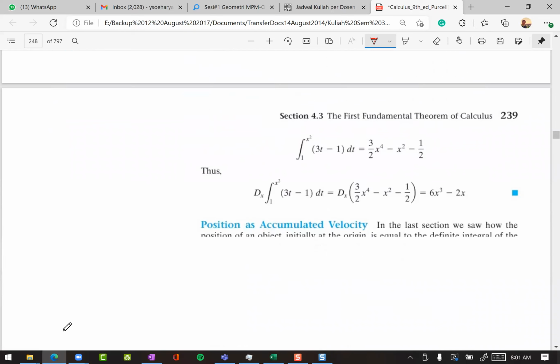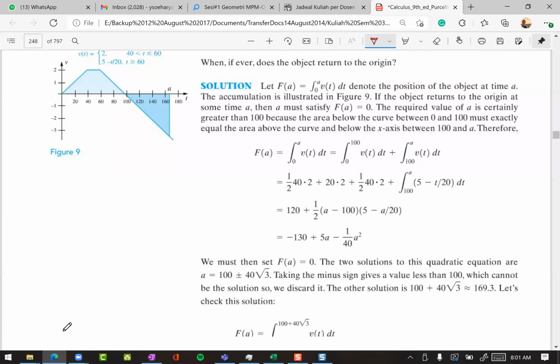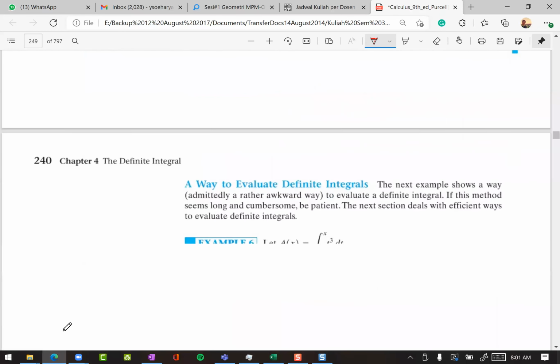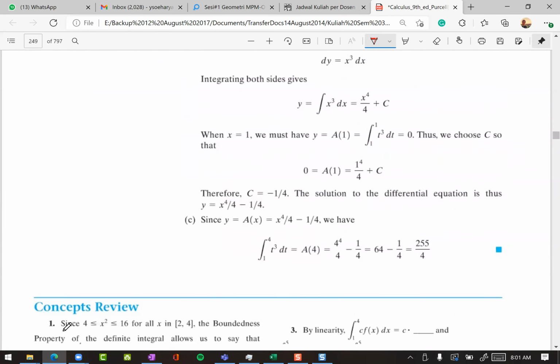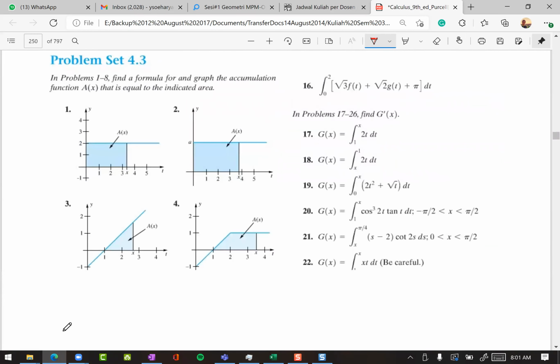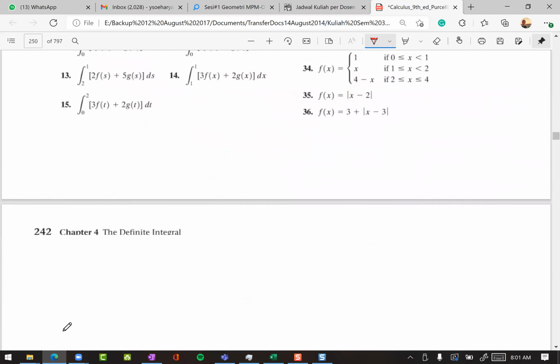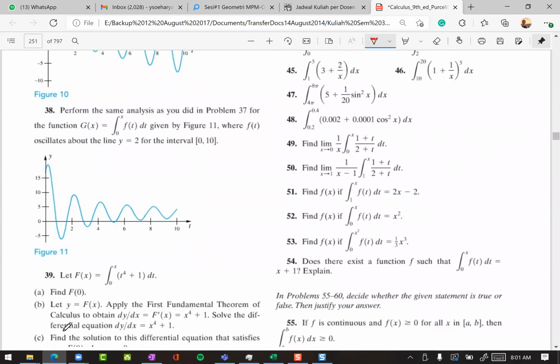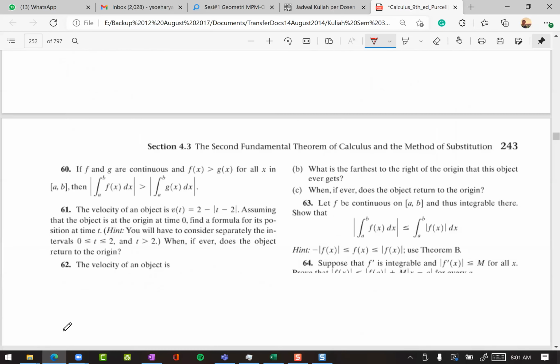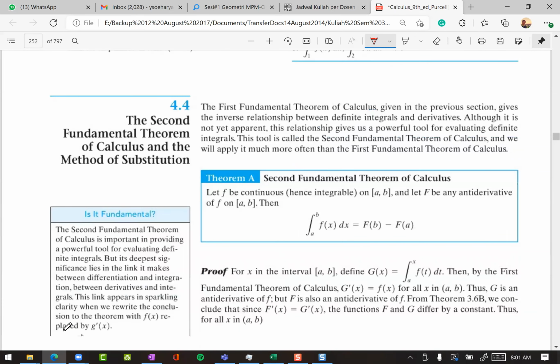To write this down, you see directly what we have so far. Oh, that's next chapter. Yeah. Okay.